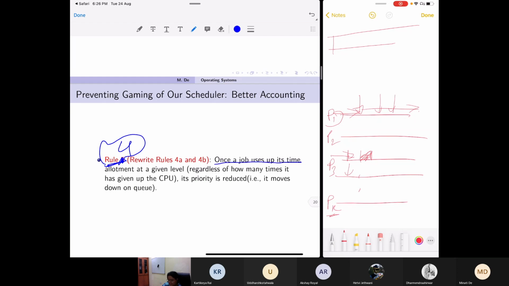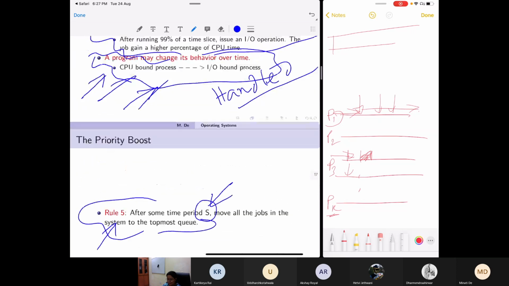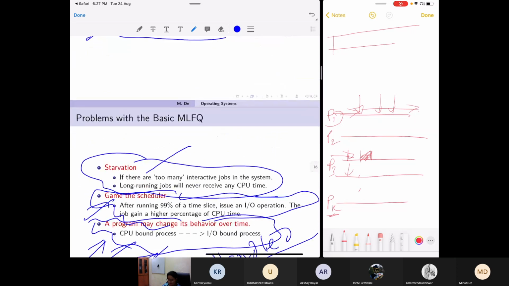Once a job uses up its total time allotment, let's say it was a time slice we are talking about, even if it relinquishes the CPU and comes back at some point of time, if it has used the time equivalent to one time slice in total at that priority level, then you should move that job to the next level. You should not run it. If you maintain it this way, then that gaming will not happen. Gaming of the scheduler will not happen.